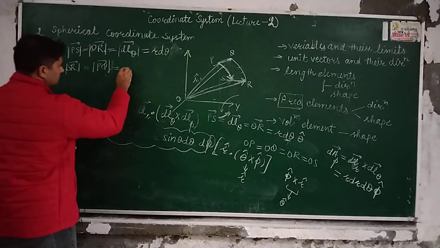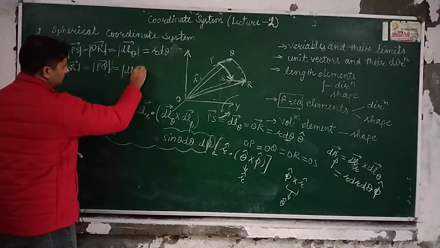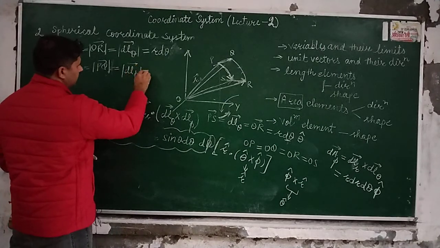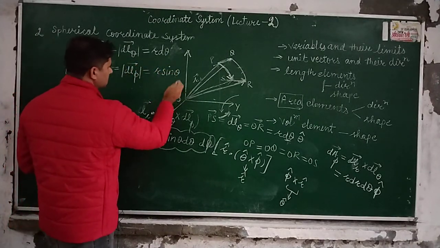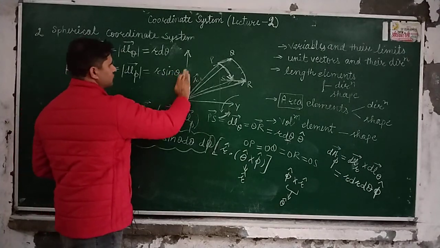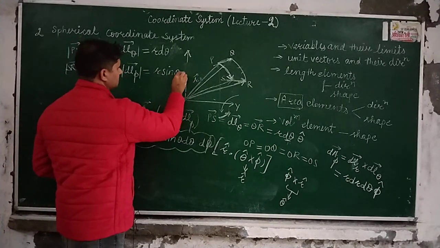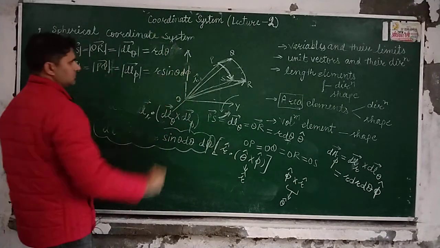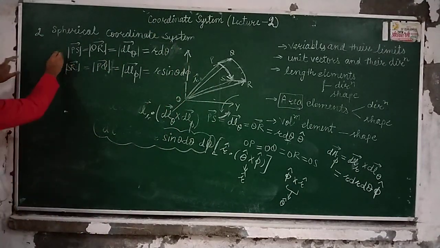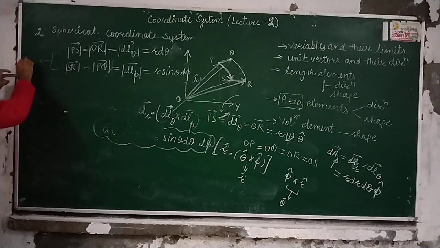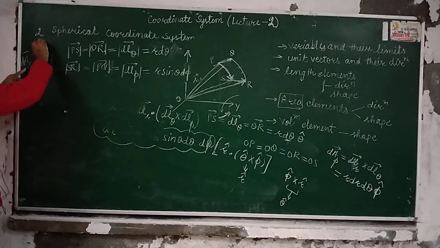So I can write this is dl phi, and this is r sin theta into d phi. Now these two elements will give you the area dA_r, and its direction will be along r cap.